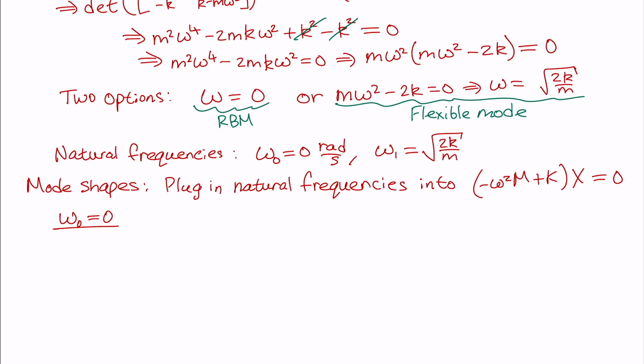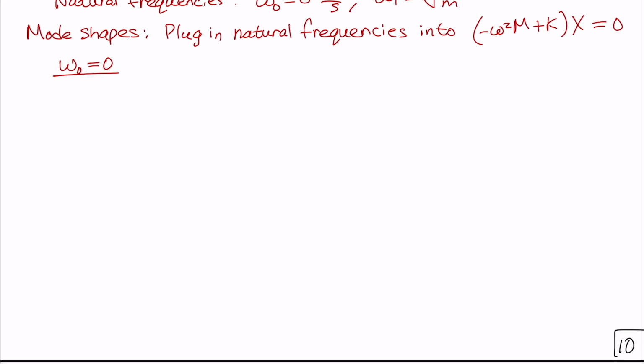So for omega 0 equal to 0, the equation we're trying to solve is minus omega squared m plus k times x equal to 0. This x here is equal to some vector x1, x2 transposed, and it contains the amplitudes of the displacements, or we're going to show it's going to end up being the amplitudes of the modal coordinates.